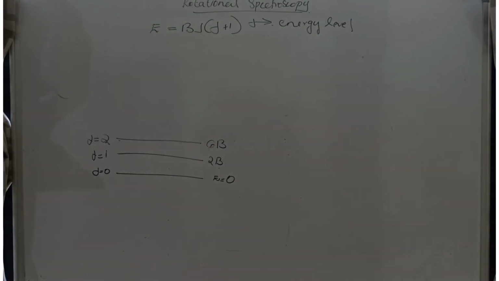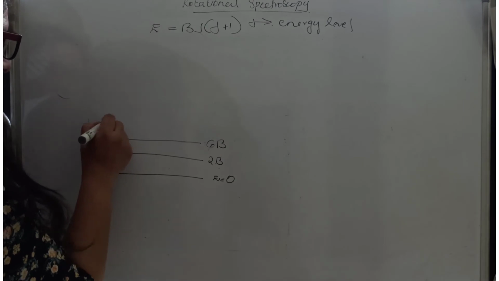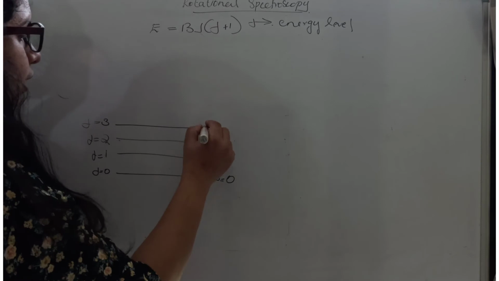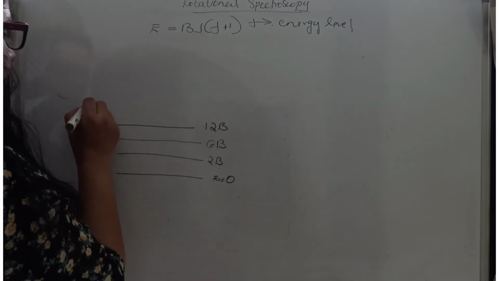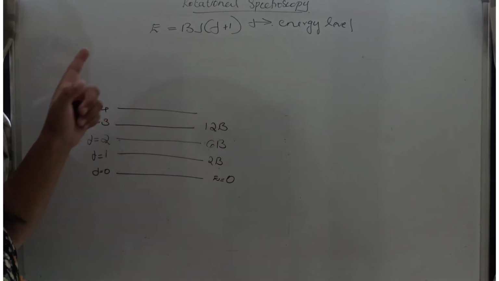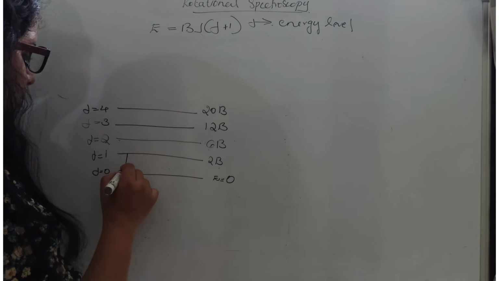Next, you write all the energy levels. j equal to 3: 3 plus 1 is 4, 4 into 3 is 12B. j equal to 4: 4 plus 1 is 5, 5 into 4 is 20B, and so on.